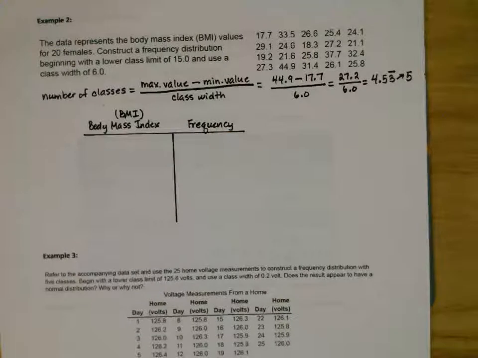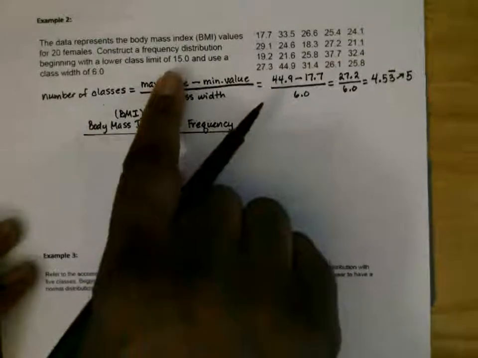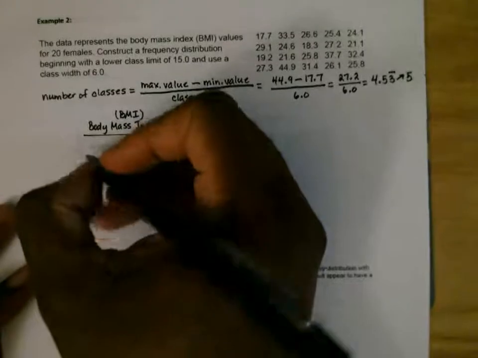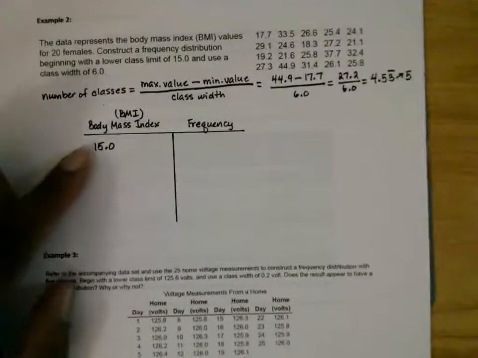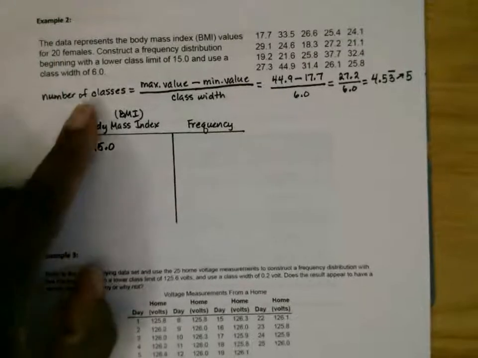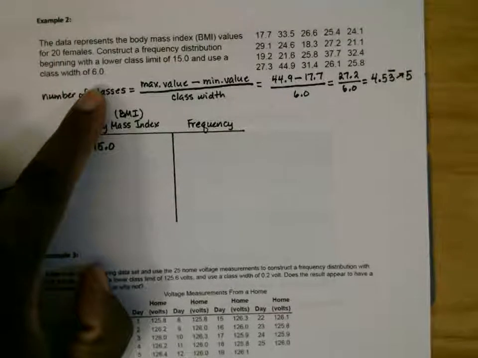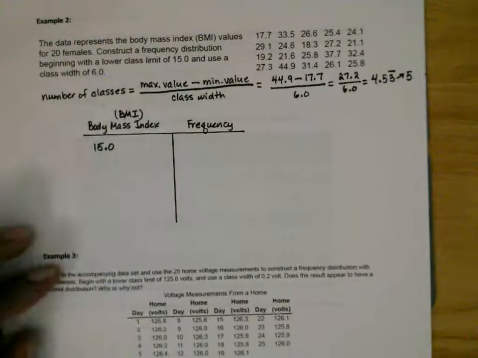Now, of course, the lower class limit, I'm starting off as 15.0 as given in the problem. So we'll start with 15.0. Now to come up with my next lower class limits, since the class width is 6.0, I'll just add 6.0 to the 15 to get the next lower class limit.